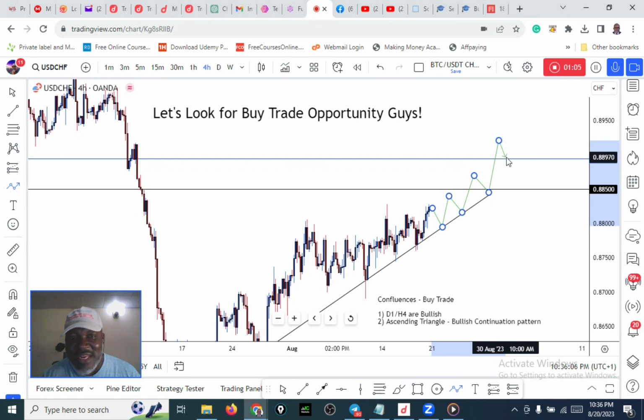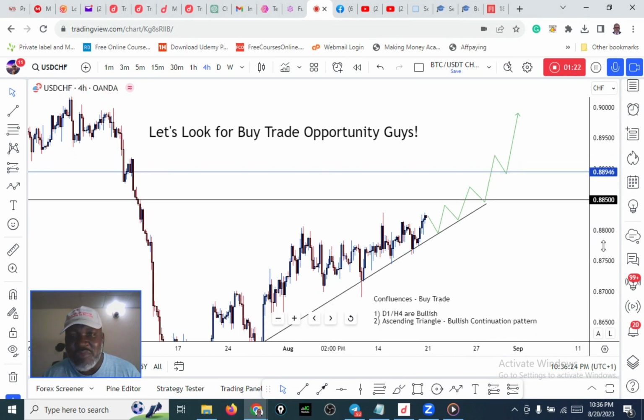If it breaks our weekly level, we expect it to push up to the upside. So these are the two things that can happen. Now, we need to watch out for this level. This level is our daily key level. If price breaks it and comes to retest it, we'll look for price to continue to move upwards.